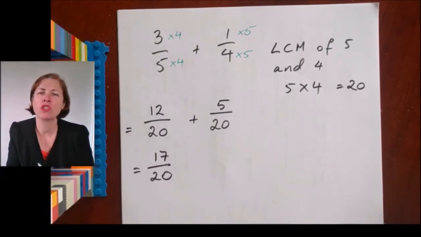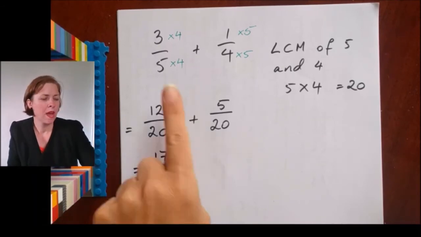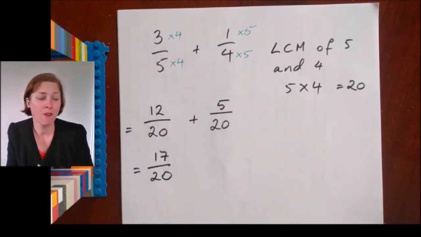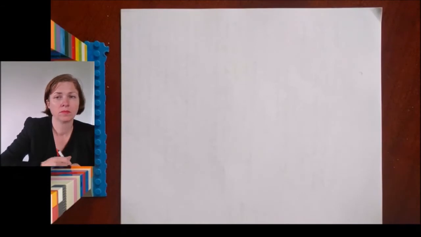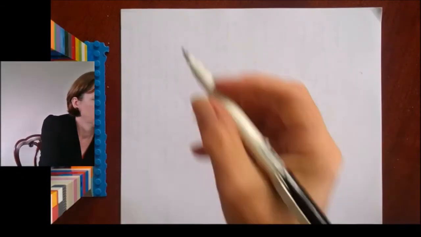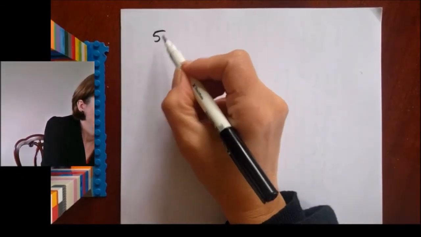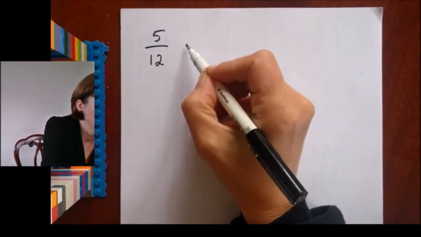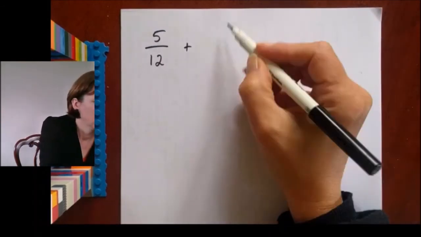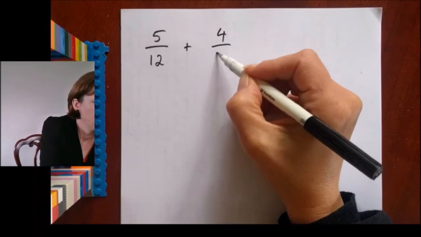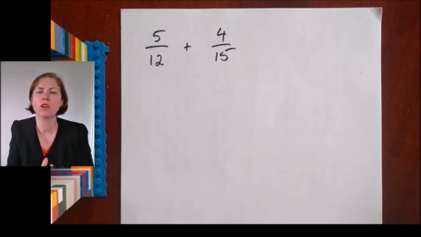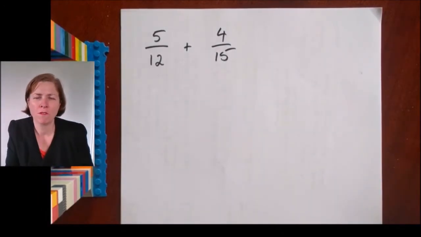And now we're going to do a trickier example where my denominators are going to have a common factor. Let's do 5/12 plus 4/15. 5 over 12 plus 4 over 15.